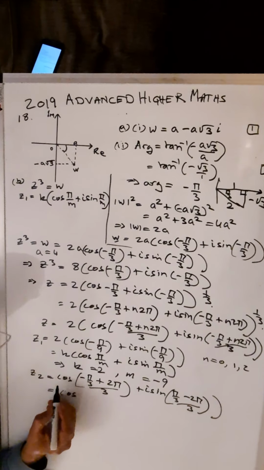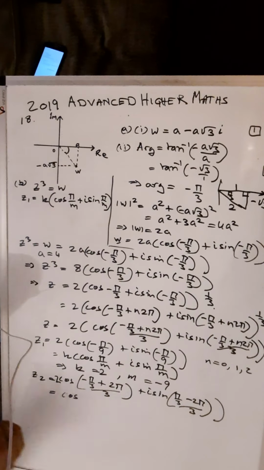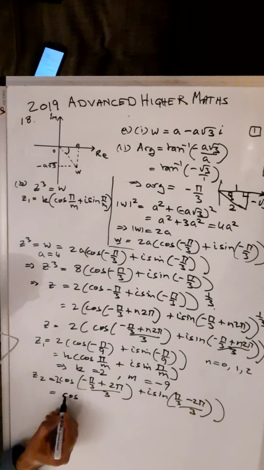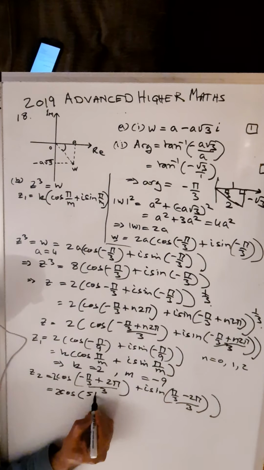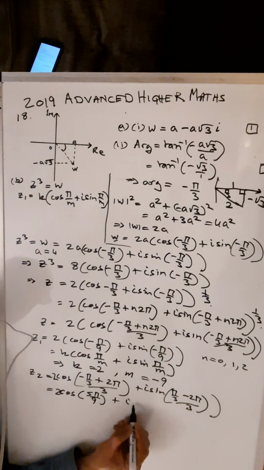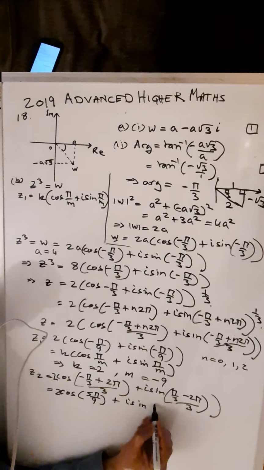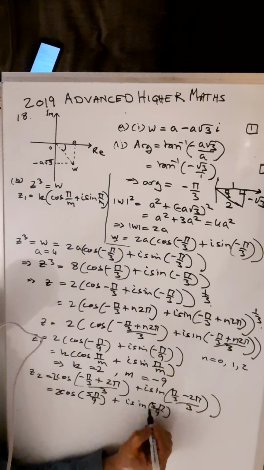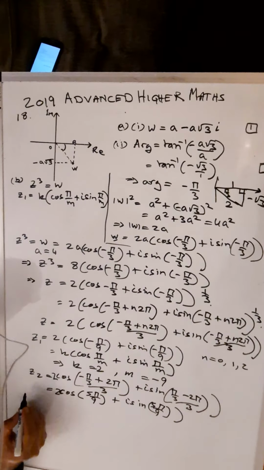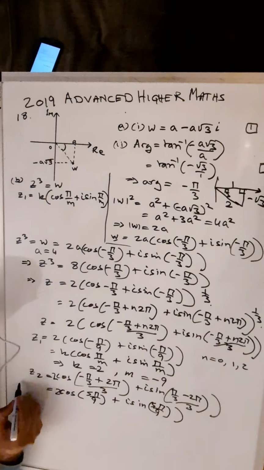You've still got the 2 there, obviously this 2 is here. 2 cos 5 pi by 9 plus i sine 5 pi by 9. And this is when n is equal to 1.